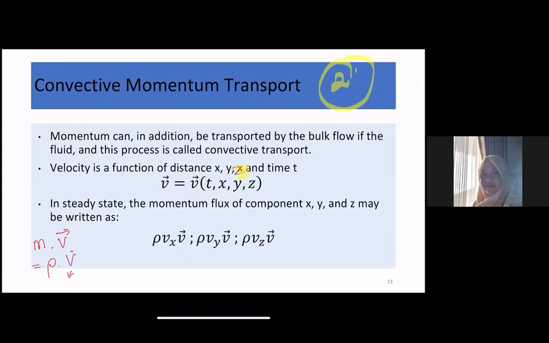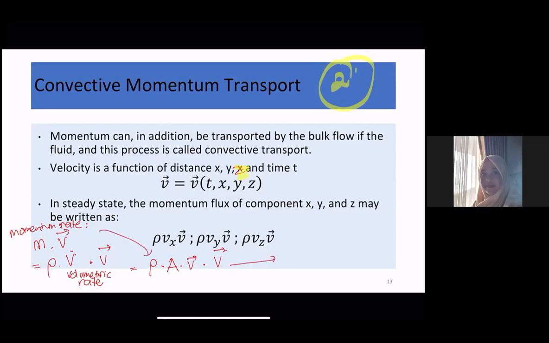So the momentum rate is equal to rho multiplied with the area multiplied with the length, which we can call, for example, small v. This one is volume, and then multiplied again with v. So this is the momentum rate.